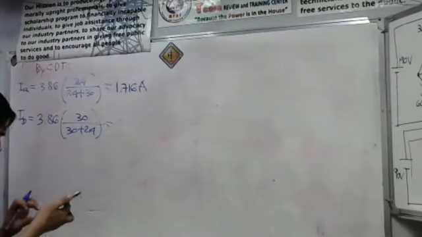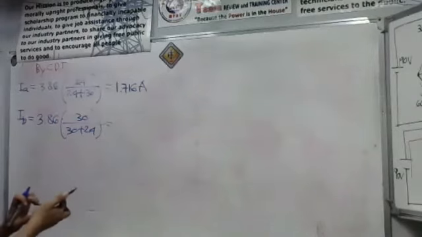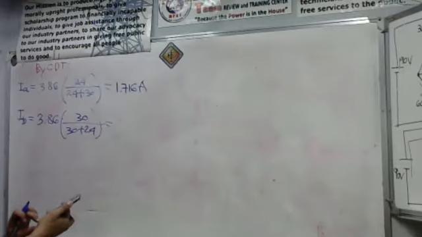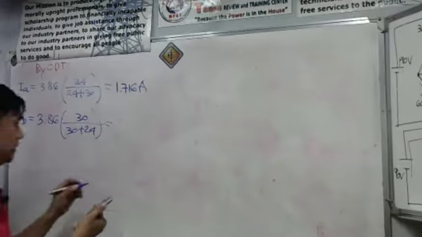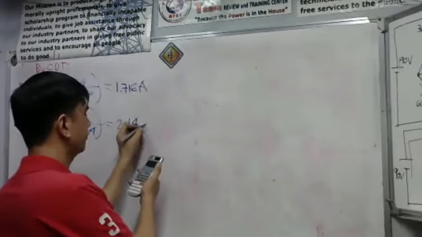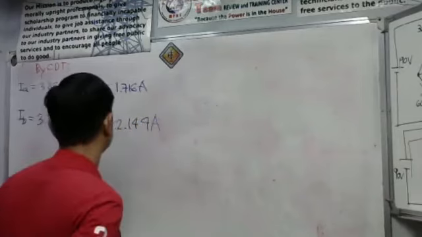So we have 3.86 times 30, divided by 30 plus 24, which equals 2.144 amperes.